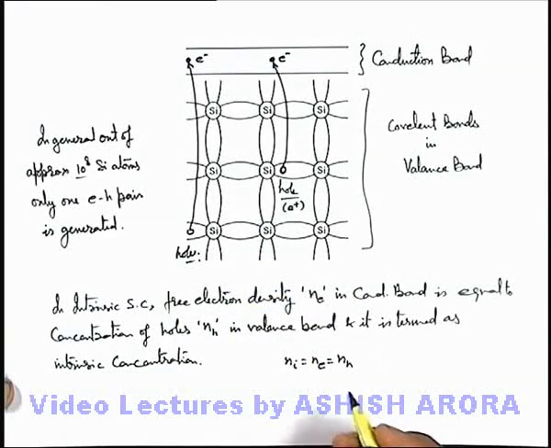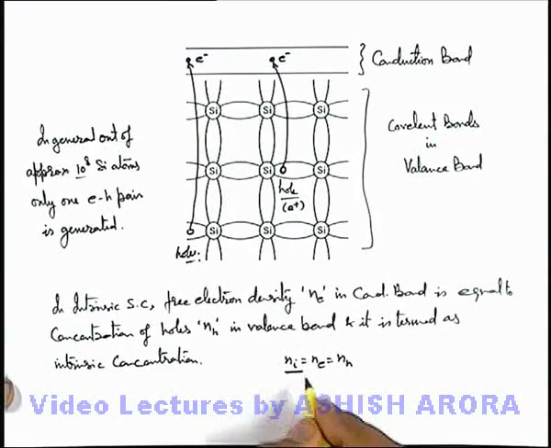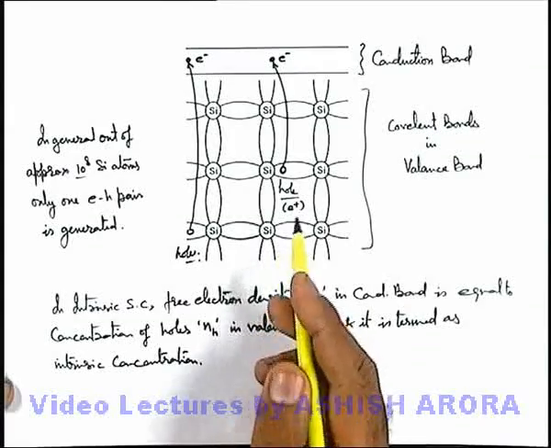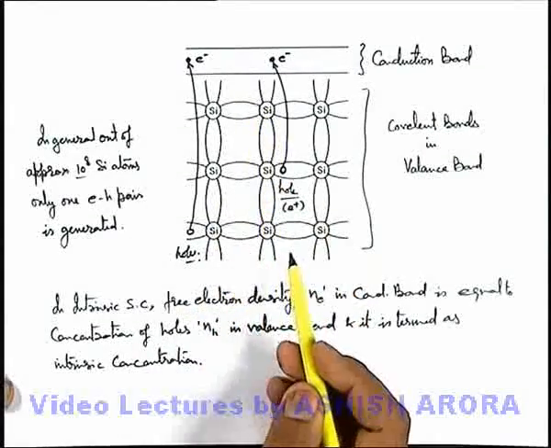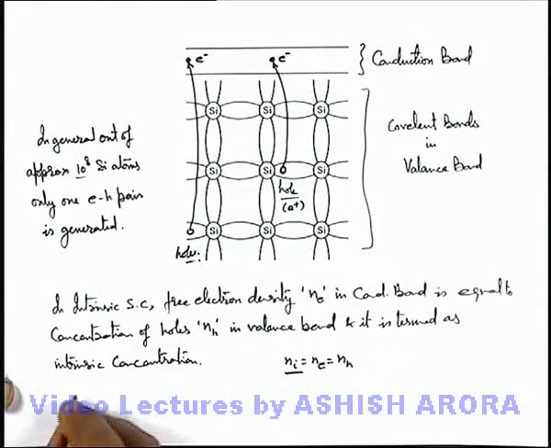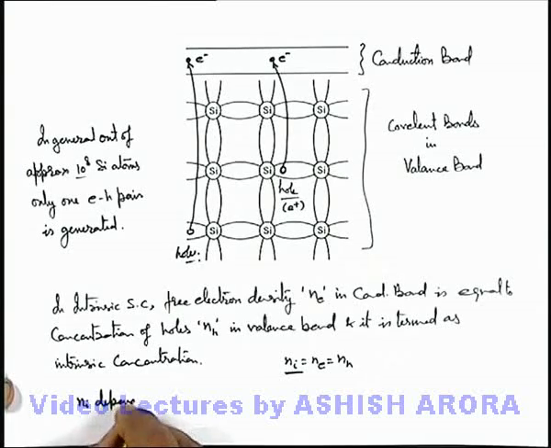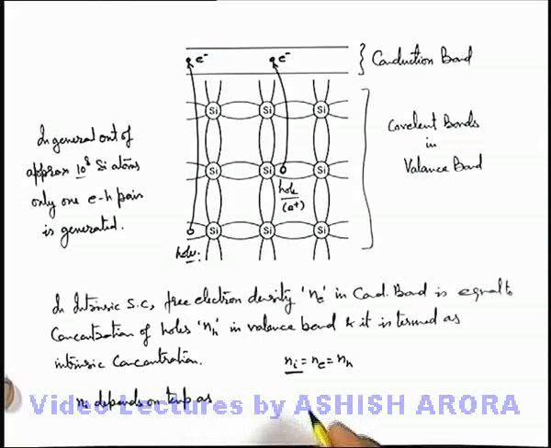And we can state that this intrinsic concentration of electrons and holes depends on temperature, because if temperature of the semiconductor increases, more and more electron hole pairs are generated. So I'm just directly writing down the expression for Ni dependency on temperature just for your knowledge.